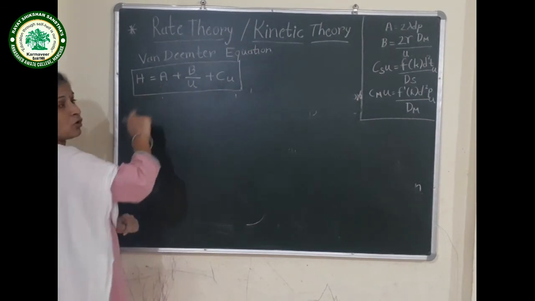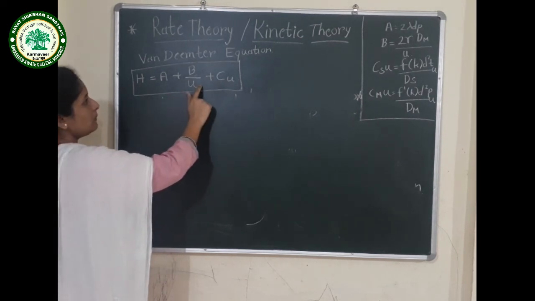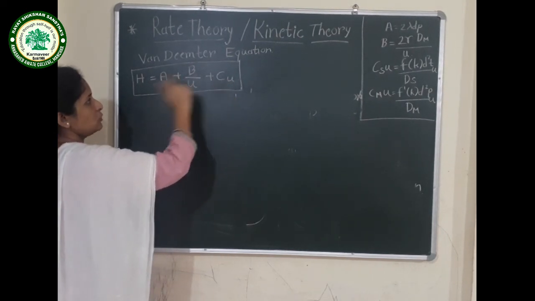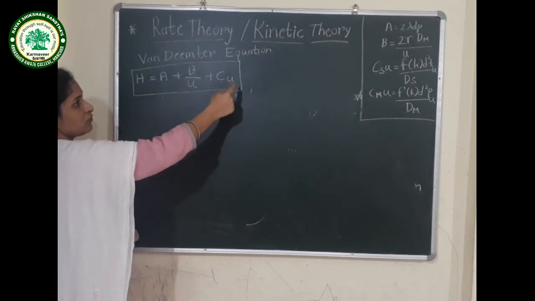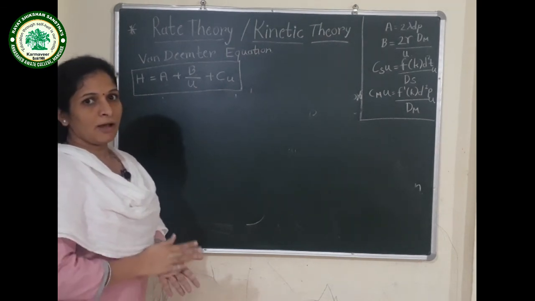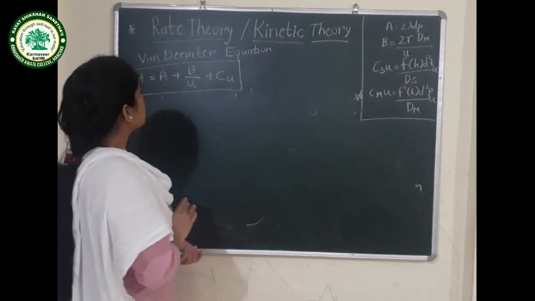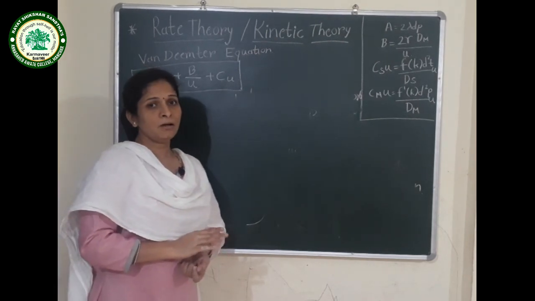Therefore, for gas chromatography, the Van Deemter equation changes as H is equal to B upon u plus Cu. Okay. Then we have seen the mass transfer coefficient for the stationary phase and for the mobile phase. This is all about the rate theory, which explains the peak broadening.